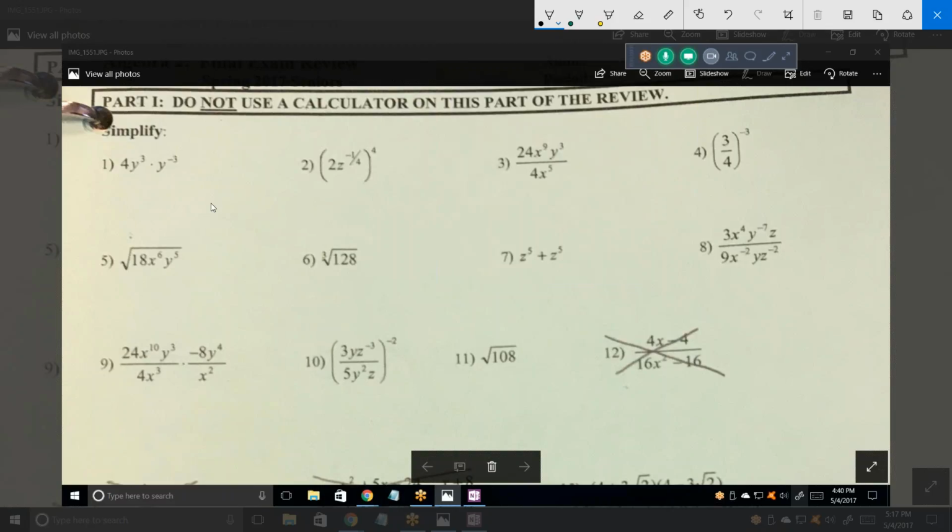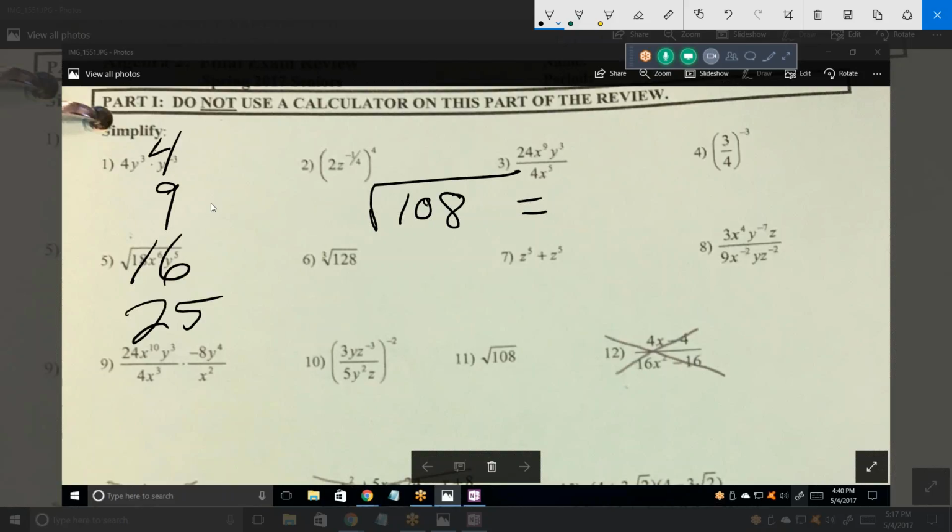All right, square root of 108. Now, when I run into a problem like this, here are my perfect square numbers over here: 4, 9, 16, 25, 36.